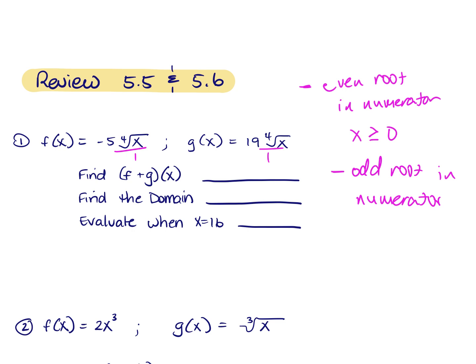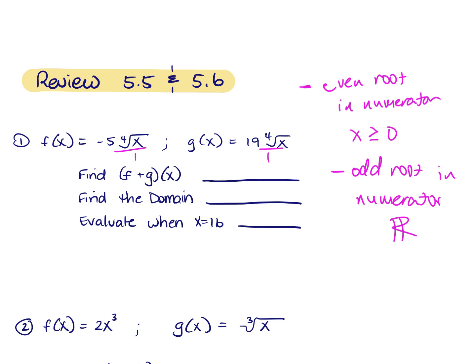Can you take the odd root of 0? Yes. So are there any restrictions? No. When you're in the numerator, you're good. When is there a restriction with an odd root? When it's where? In the denominator, because your denominator can't be what? 0. Other than that, you're good. If there's no roots, you don't even have to worry about it.